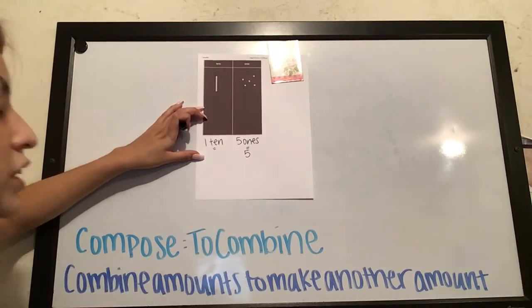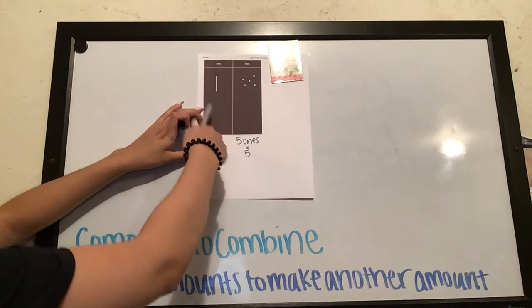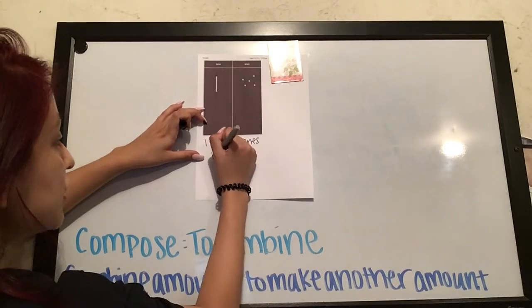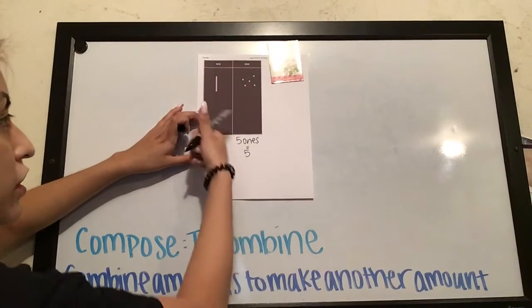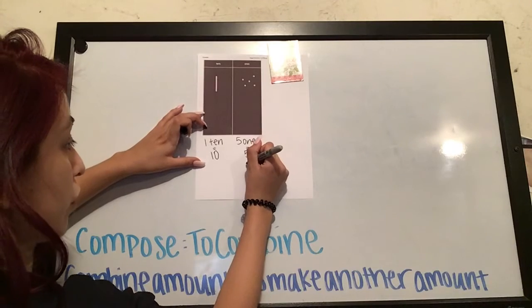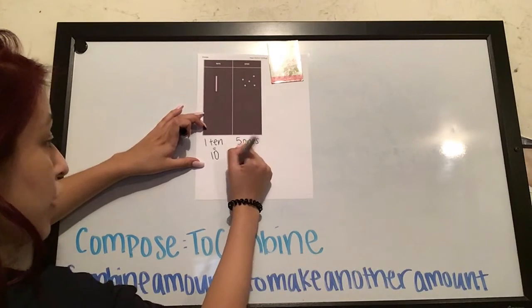And what number does 1 ten equal? What is the total that we have in the tens place? So we have 1 ten that equals 10. So when we compose this number with the base 10 blocks, for the ones we have 5, and then for the tens we have 1 ten.